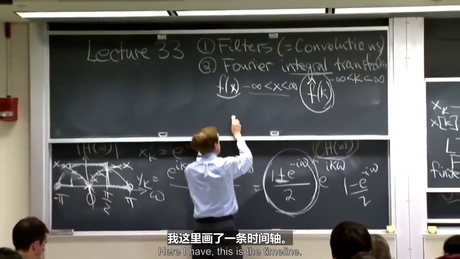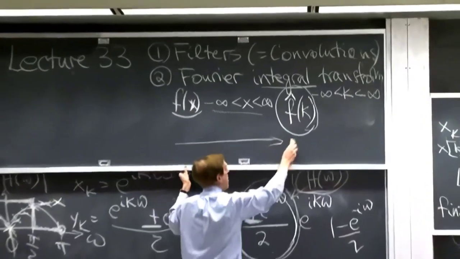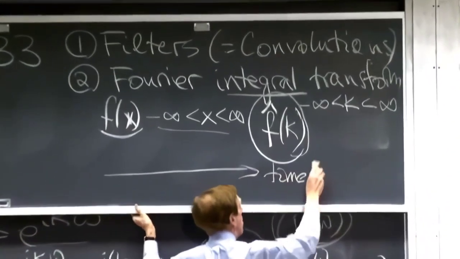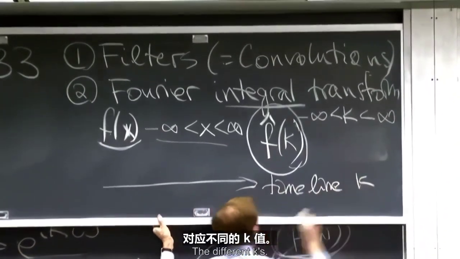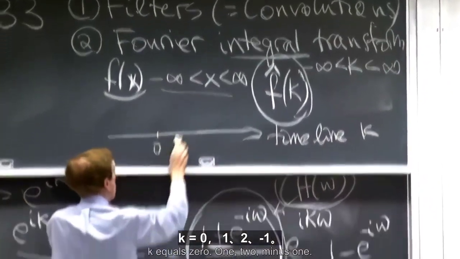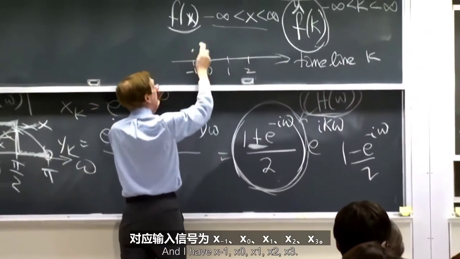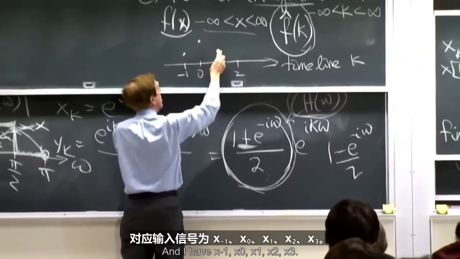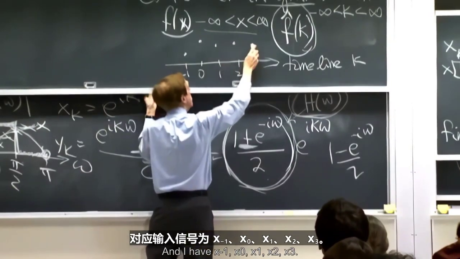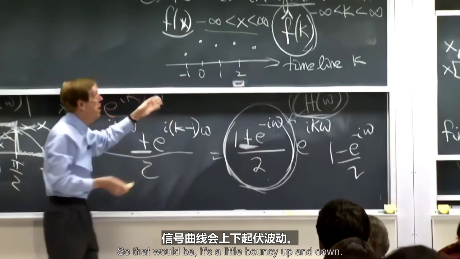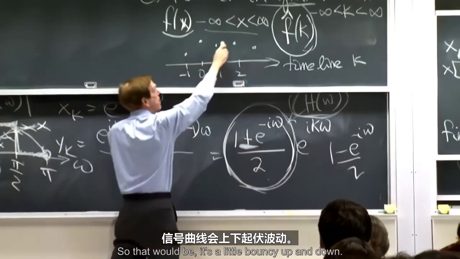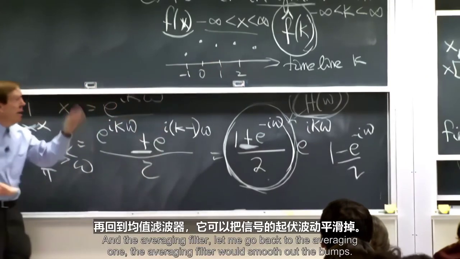Here I have, this is the timeline. The different k's. K equals 0, 1, 2, minus 1. And I have x minus 1, x0, x1, x2, x3. So that would be, it's a little bouncy up and down.